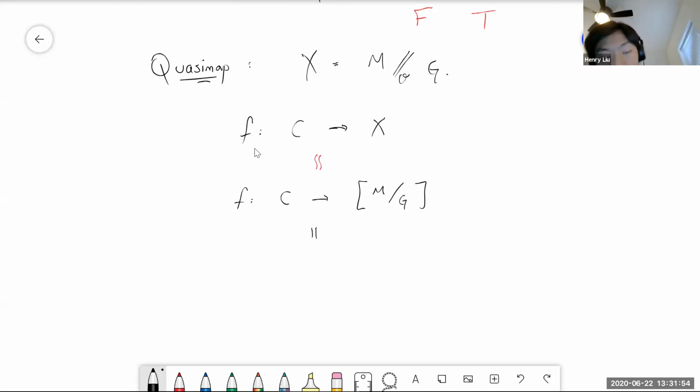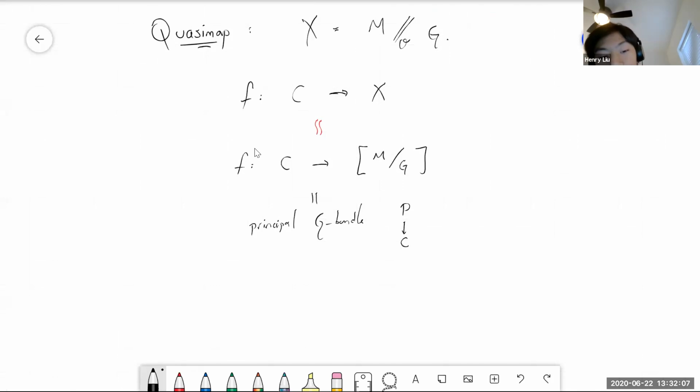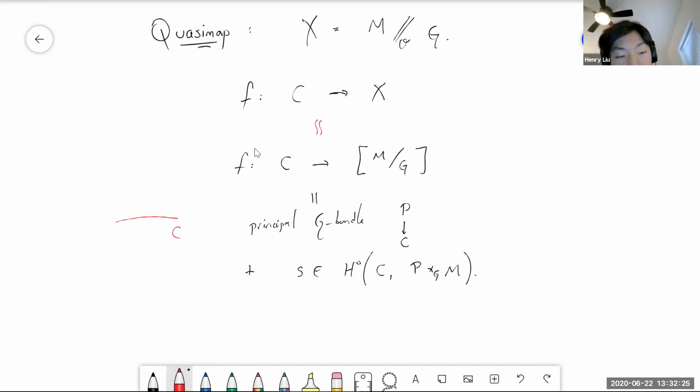And this is actually the same as a principal G-bundle P on your curve, and a choice of section inside something like P times M. So very roughly speaking, you have your curve C, and on top of it, you have an M-bundle.